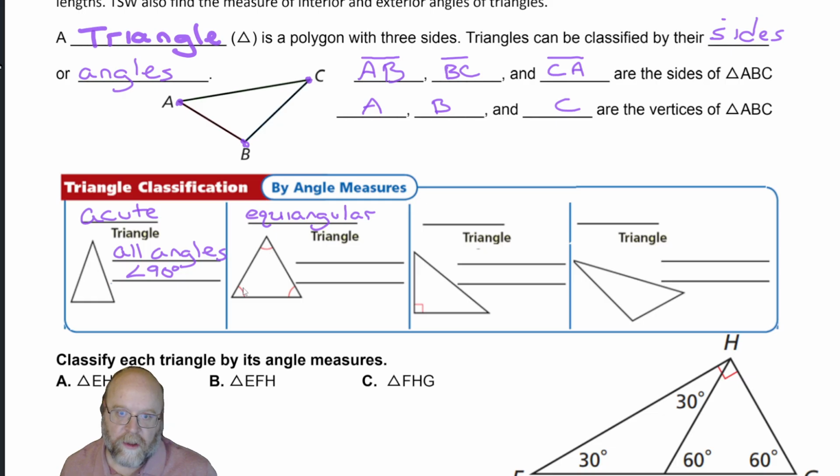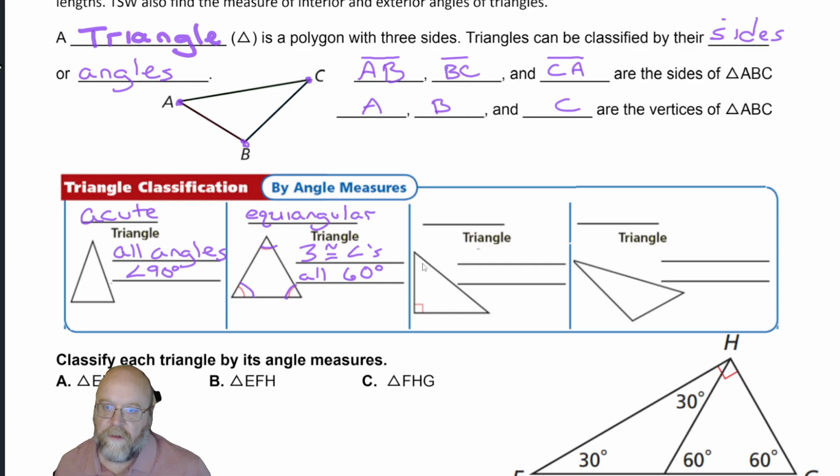And since they're all congruent, that's what this little guy means. That means that they're all going to be 60 degrees. But I'm just going to put three congruent angles. Spoiler alert, they're all 60 degrees.